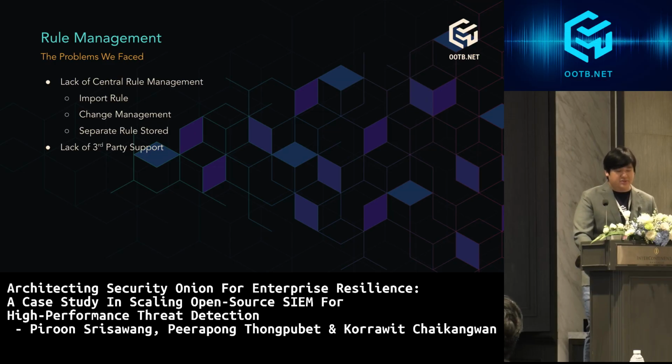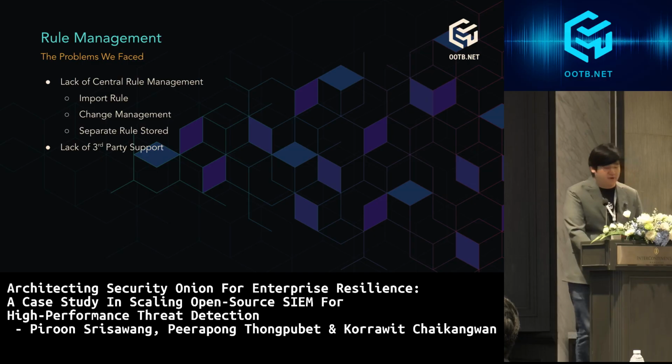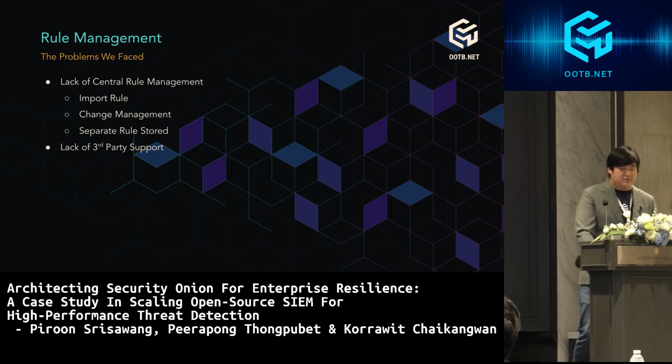The second major issue is a lack of third-party support. In an enterprise or MSSP environment, we often rely on threat intelligence feeds, custom detections from some partner, or some open source rule repository. But integrating this directly into the security union is not smooth. The system wasn't designed to natively pull in and manage third-party sources.